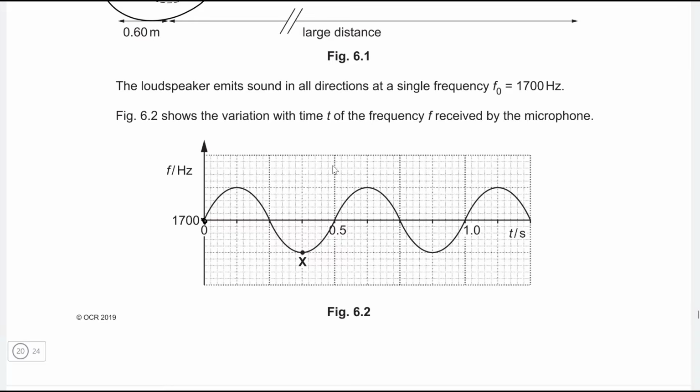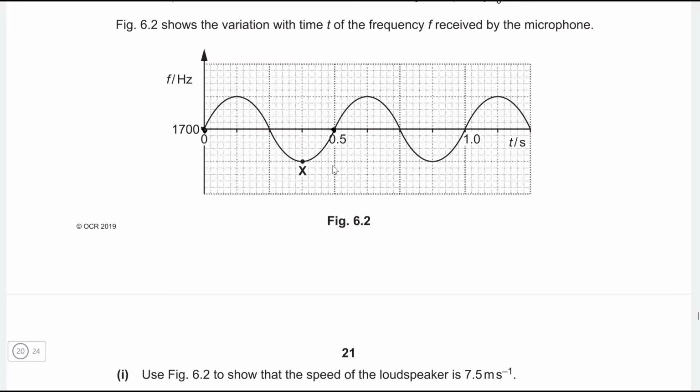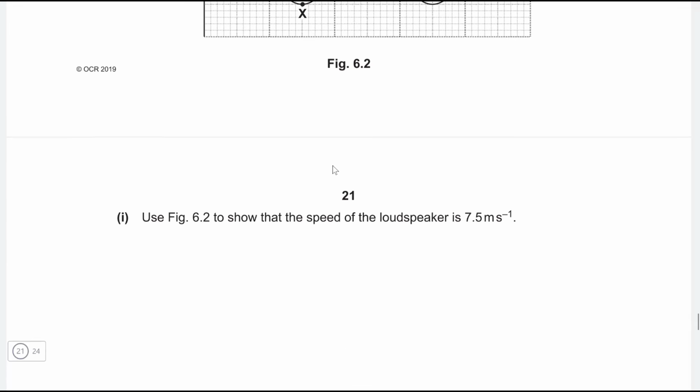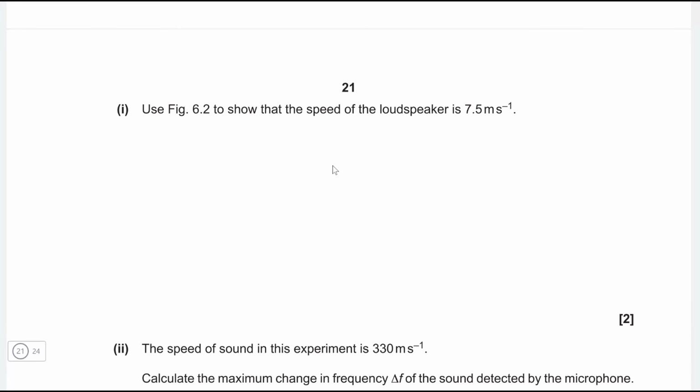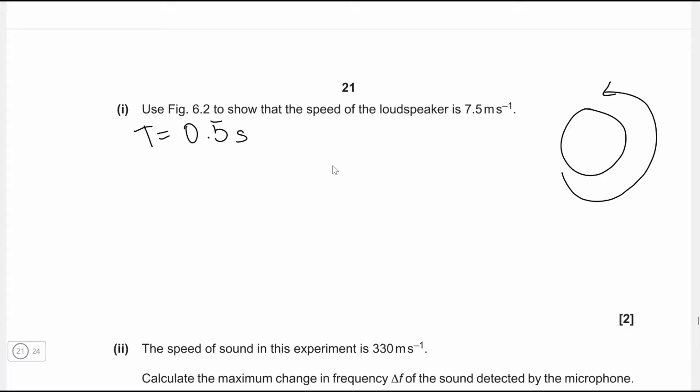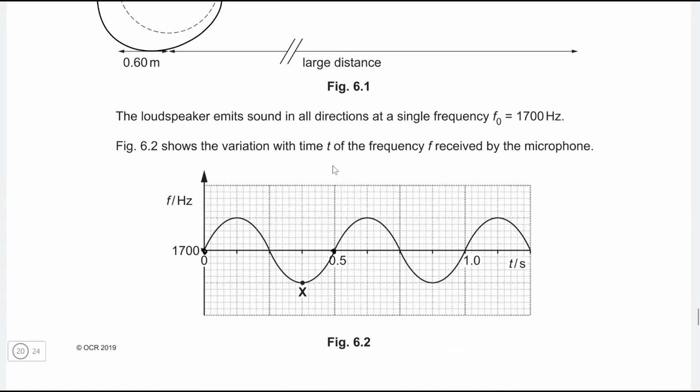So this means that our time period actually is just 0.5 seconds, because it's t on the x-axis. So let's use the figure to show the speed of the loudspeaker is 7.5. So our time period t is 0.5 seconds. If this thing is spinning and it performs one full cycle in 0.5, then we can just use v is equal to 2 pi r divided by t, and that will be 2 pi multiplied by the radius, which is 0.6.